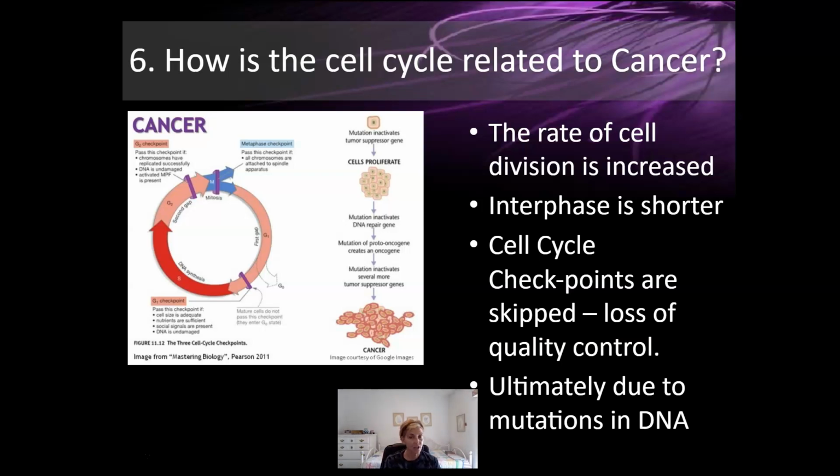The tumor suppressor is supposed to kick a cell out of the cell cycle into G0 phase if the DNA is damaged. So if the tumor suppressor gene is damaged, or if there's a mutation, then this kick out to G0 and apoptosis does not occur. And again, a cell that should not be going through the cell cycle continues to go through.